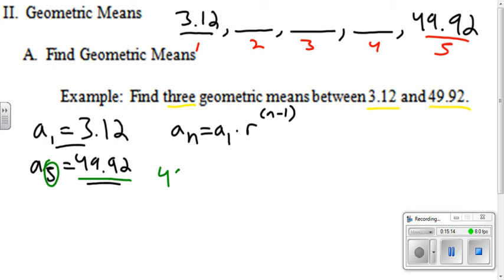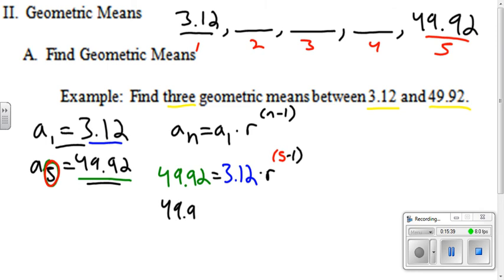So I would say 49.92 equals our a sub 1 is 3.12 times r, which we don't know what r is quite yet, but we do know our n value is 5, so to the power of n minus 1. Okay, looks like we're on a little bit of a roll here. We can do 49.92 equals 3.12 times r to the 4, because 5 minus 1 is 4.